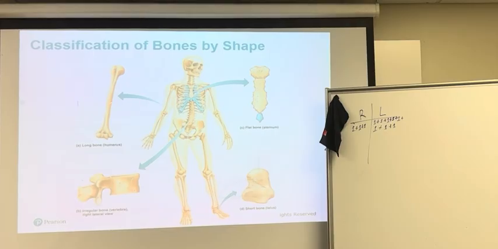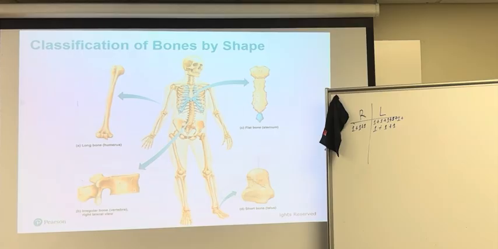So which one is the long bone? If they are longer than their width, we call it long bone. When we say long bone, what are the examples? Your humerus, radius and ulna, not carpal but metacarpal, phalanges, femur, tibia, fibula, tarsal, metatarsal, right?